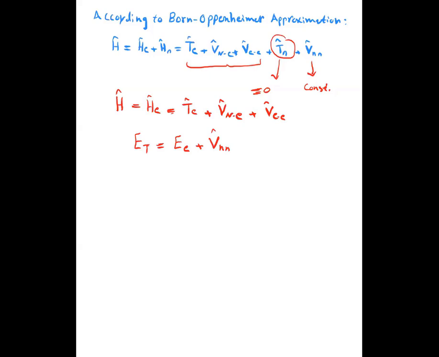All right, now let's take one example about the Hamiltonian: how we write the Hamiltonian for the H2 molecule.